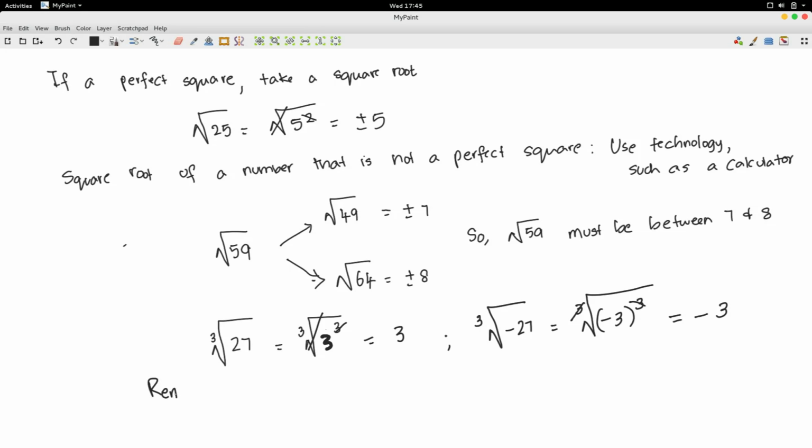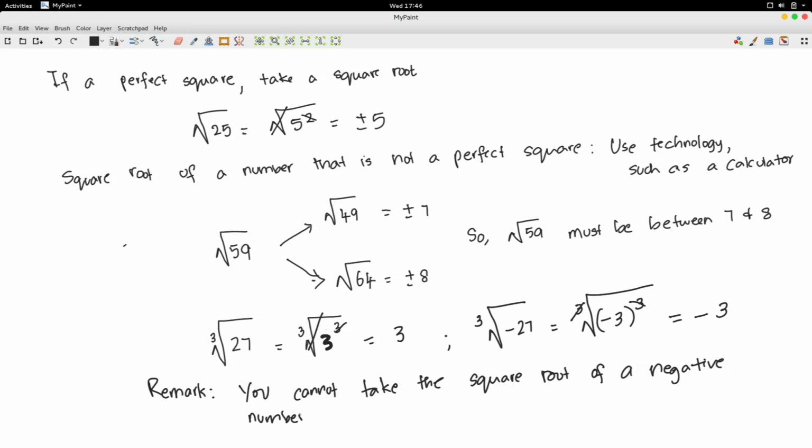An important remark to remember here is that you cannot take the square root of a negative number. The result is not real.